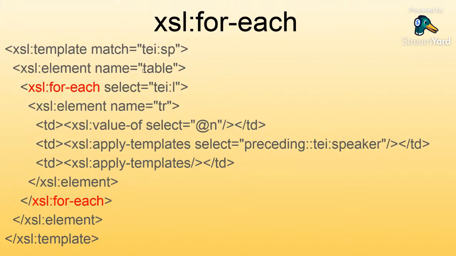So in this case, I'm saying whenever you get a speech, create a table, and then for each line inside that speech, create a row in this table which has a cell for the line number, a cell for the speaker, and a cell for the content. That's where we have the apply templates, which is whatever is inside the sp.